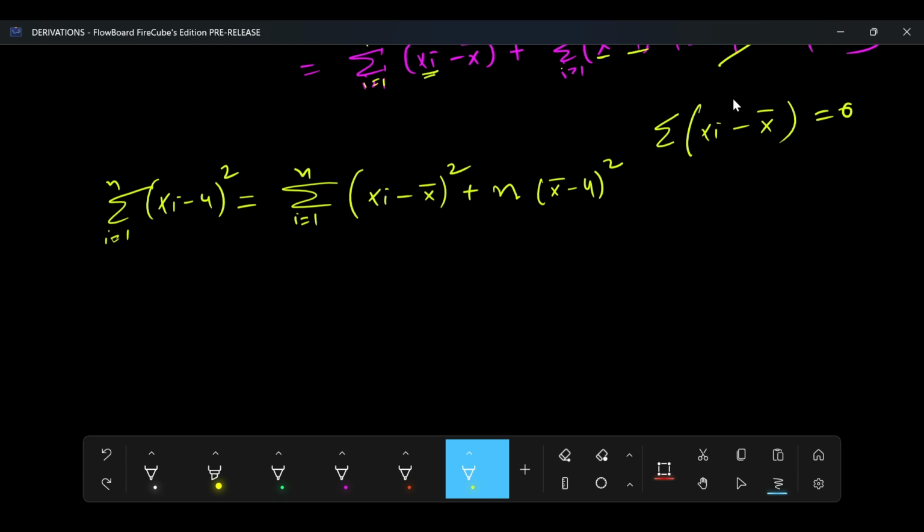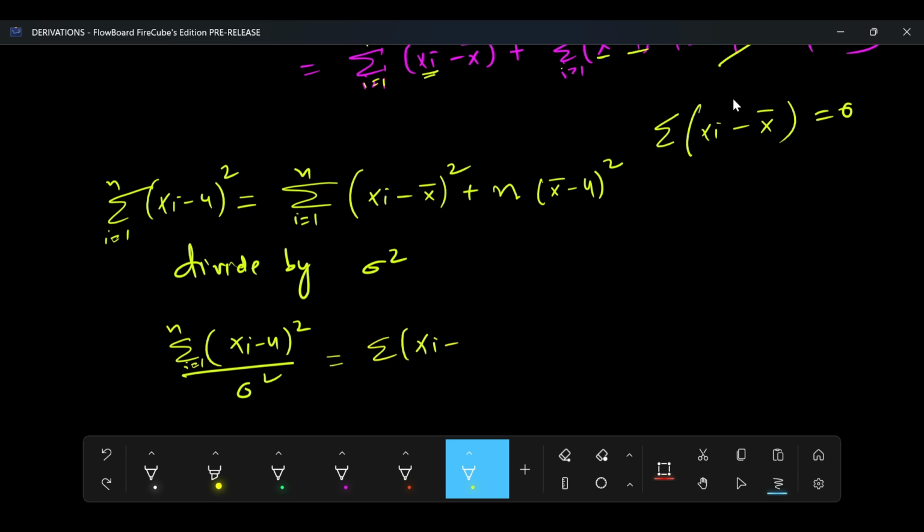Then you will understand these things better. Now divide by sigma square. So this is summation (xi minus mu) whole square upon sigma square, i is equal to 1 to n, is equal to summation (xi minus x bar) whole square upon sigma square plus n by sigma square (x bar minus mu) whole square.